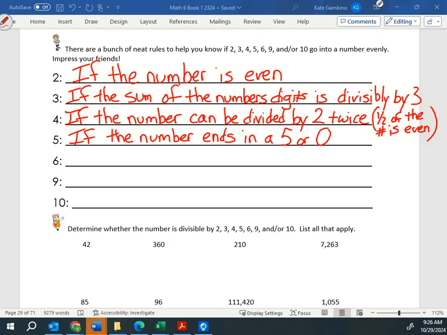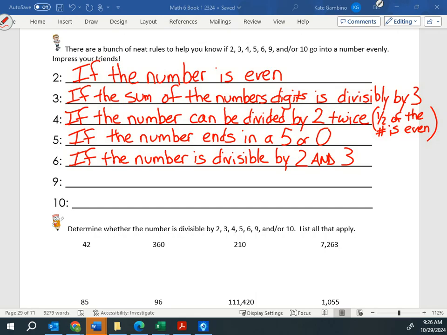Now for the 6, it's if the number is divisible by 2 and 3. Both the 2 and the 3 can go into it.